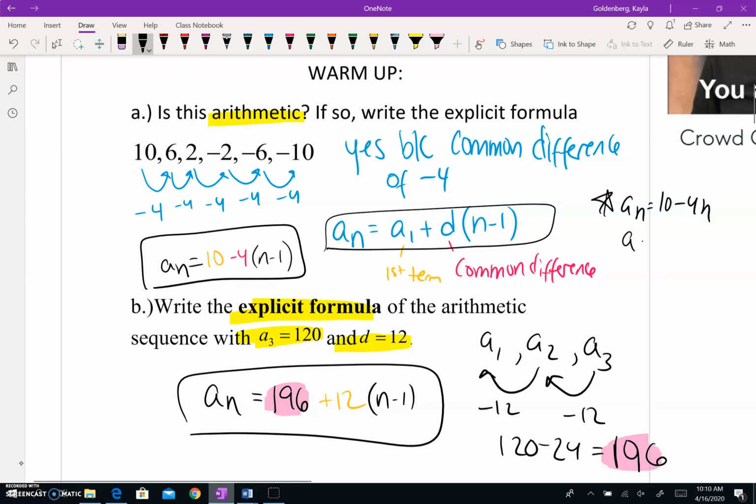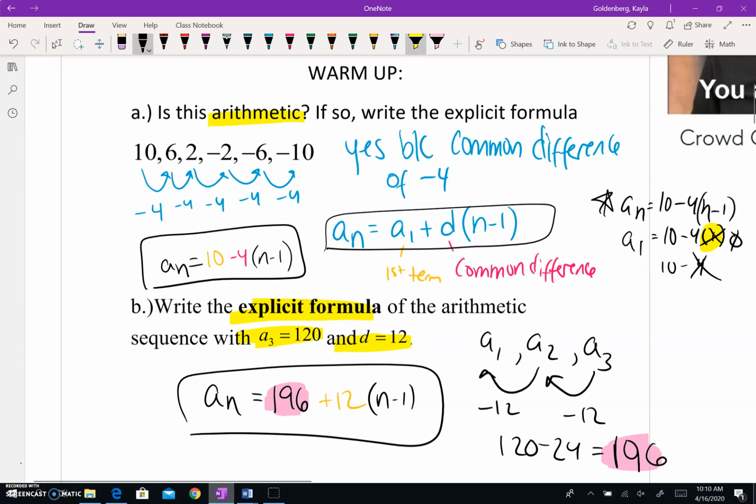However, if I were to plug in a 1 for the first term, 10 minus 4 times 1 would give me 10 minus 4, which would give me my second term, and I really want my first term. So the key is we don't want to be subtracting 4 until we move on to term 2. In order to make that 1 turn into a 0, we make it n minus 1, because then 1 minus 1 would create a 0 and not have subtracting a 4.